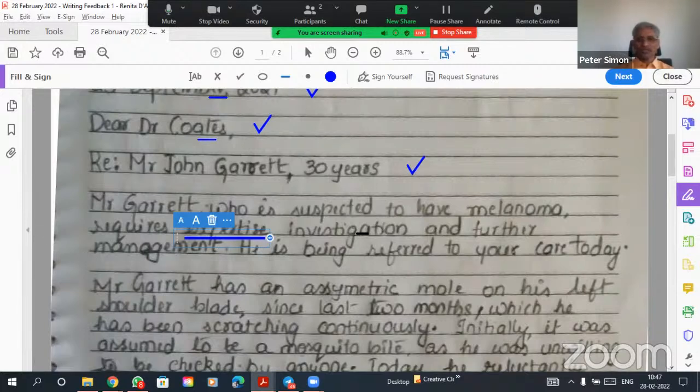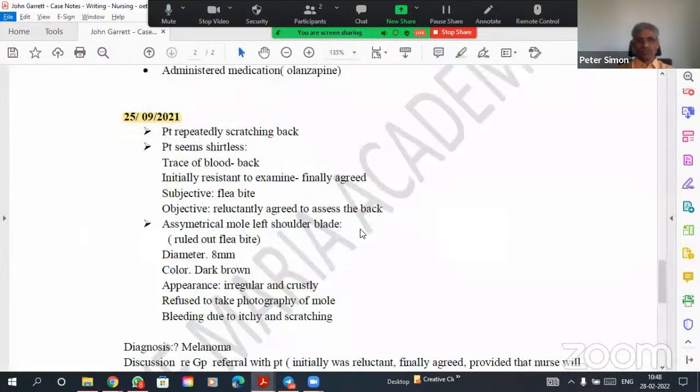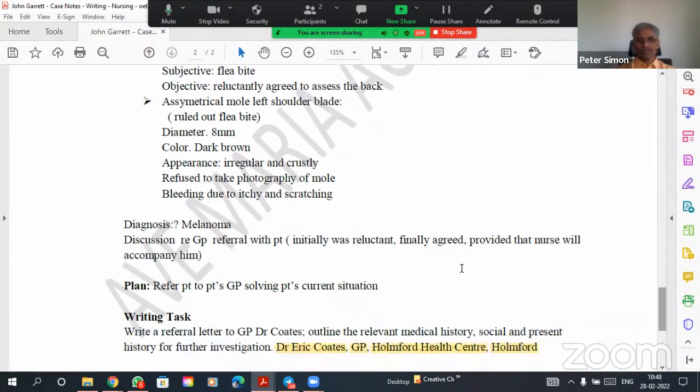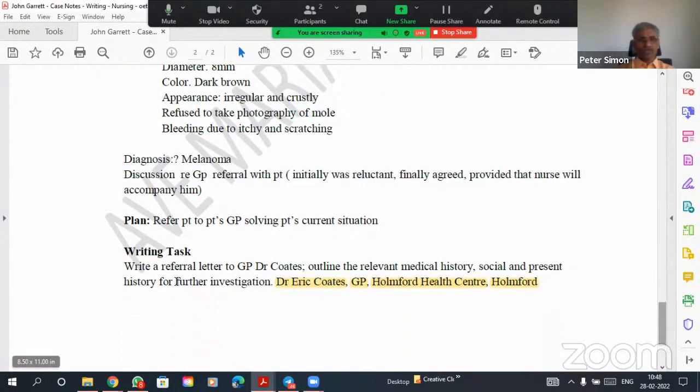So Mr. Garrett, who is suspected to have melanoma, requires expertise, investigation, and further management. How you are going to write this is very important. Here you will get the purpose of the letter: further investigation. Write the relevant medical history, social and present history, all histories, for further investigation.